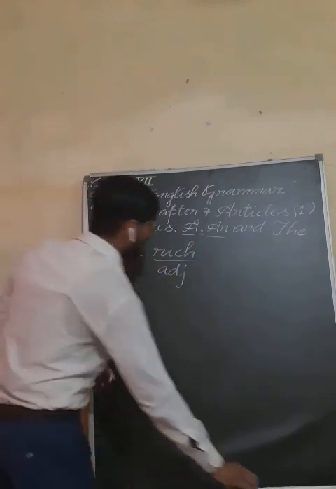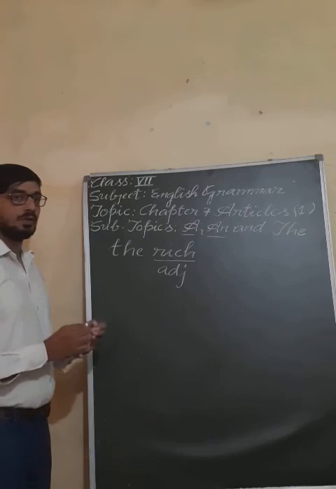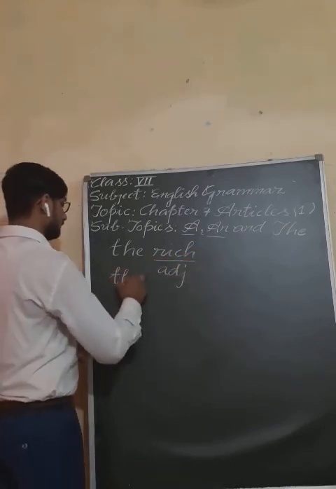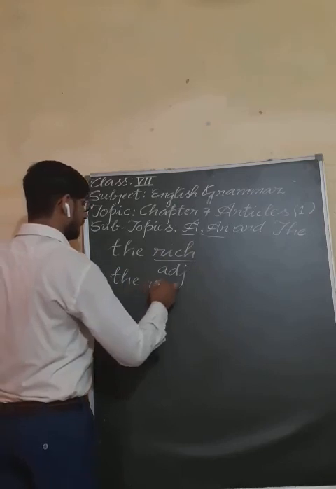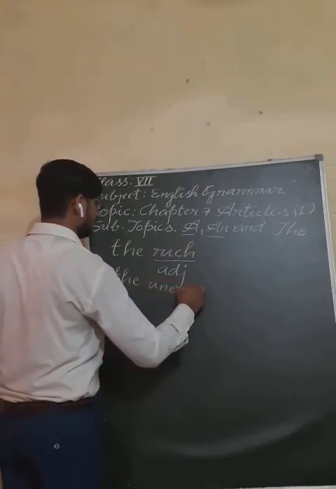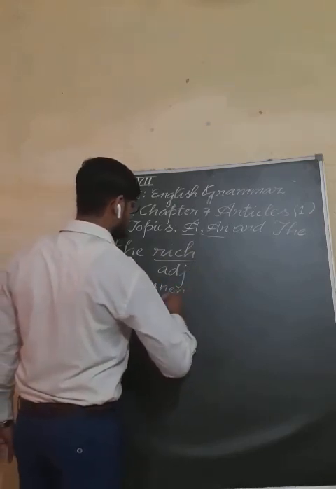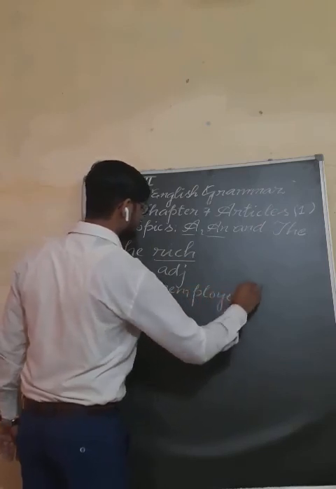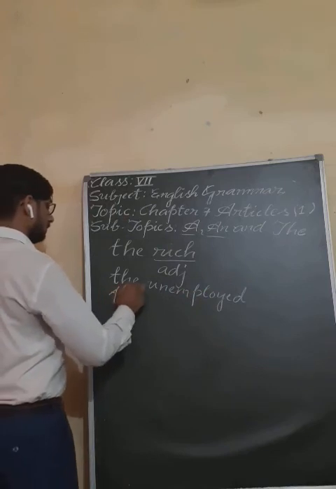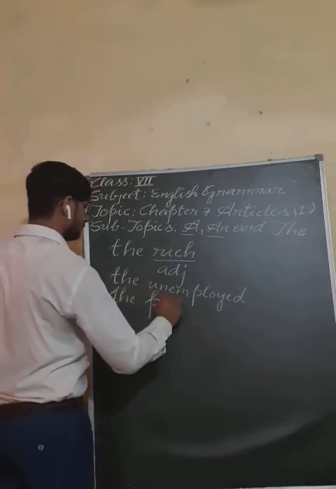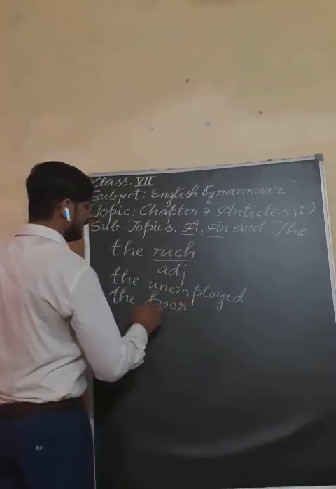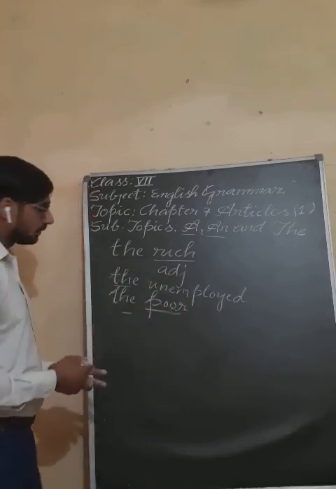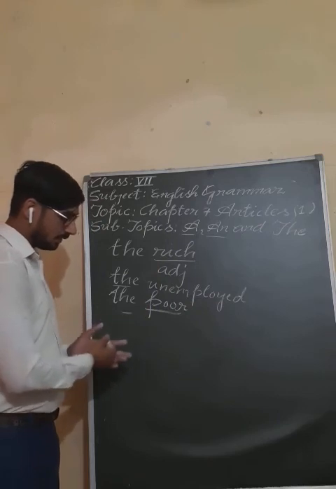Before adjective we can use the when there will be no noun after adjective. The rich, the unemployed, understand? The poor. It will indicate about all the races. The poor in the sense that all the poor.